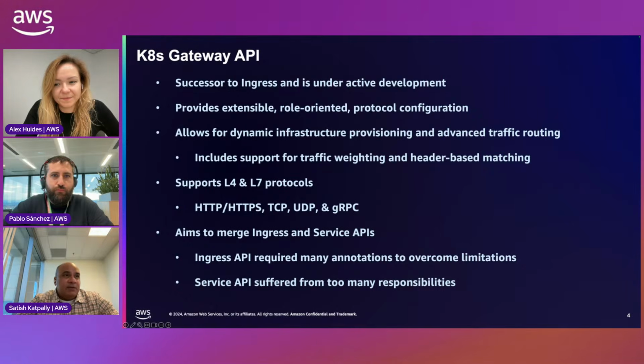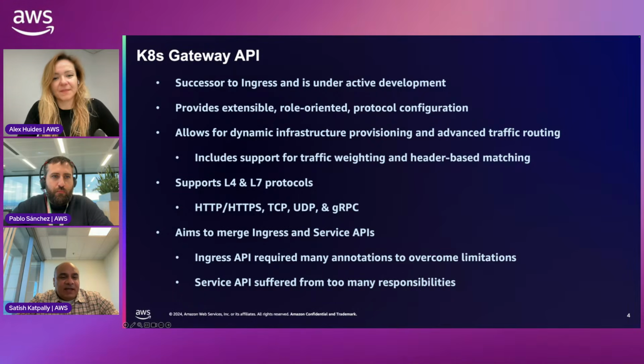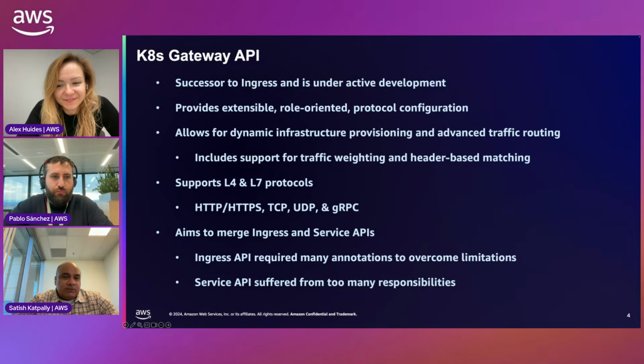Depending on which CRD and which load balancer you use, the implementation and maintenance complexity ballooned. So the Gateway API stepped in to figure out how to provision the infrastructure and also support all the cool things around traffic weighting, blue-green deployments, canaries, header-based matching, etc.